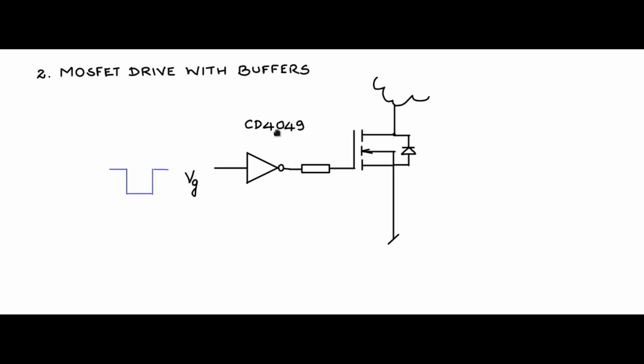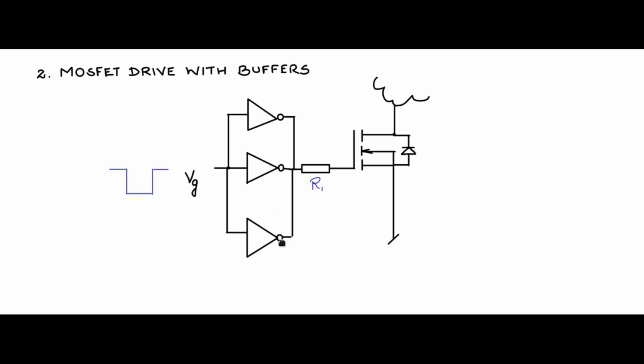Now, in order to improve the speed of turn on, you can put more buffers in parallel. If I erase here and make some space, let's say I put one more buffer here, and one more buffer here, and connect them in parallel in this fashion.